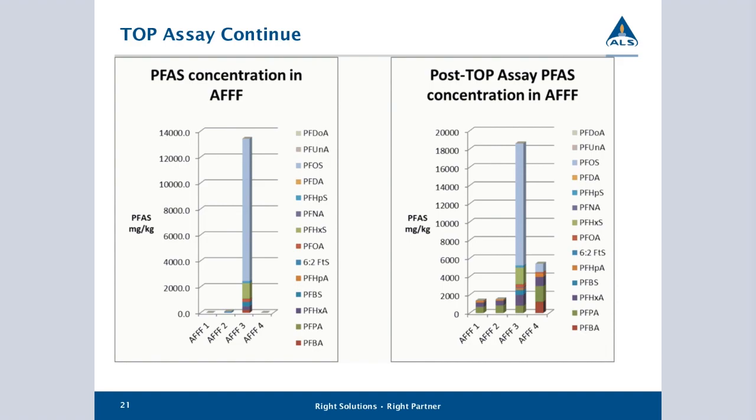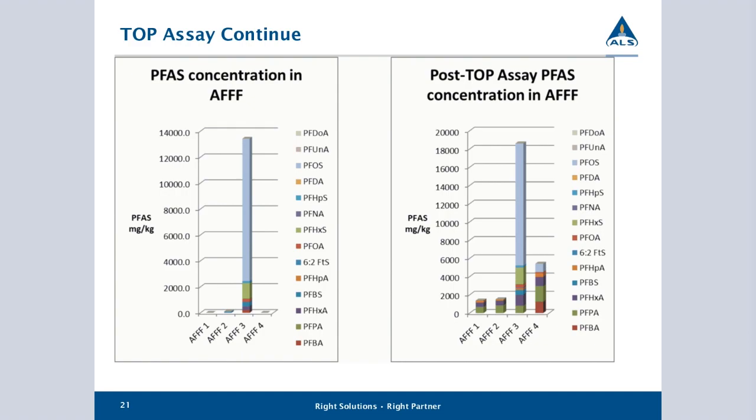On the left, there were 4 AFFF foams that were analyzed, and AFFF 1, 2, and 4 barely had any PFOS compounds. AFFF 3 had about 14,000 milligrams per kilogram of PFOS. And I'm not too worried about which PFOS compounds, I'm just looking at the total.